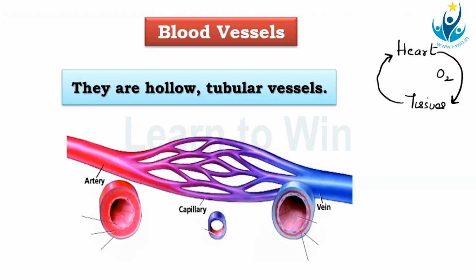This is oxygenated blood, this is deoxygenated blood. They also move the blood to the lungs for oxygenation. The deoxygenated blood goes to the lungs and the oxygenated blood comes out. So this circulation of blood in the body is carried out by blood vessels.